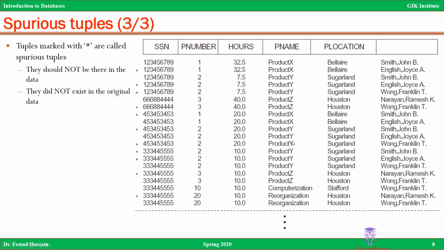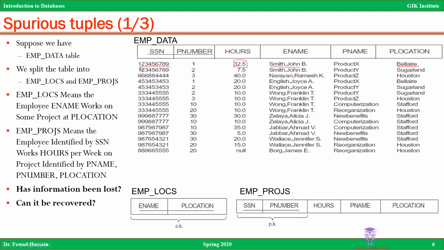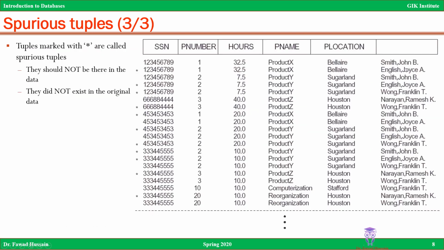And if you remember, I asked you to remember this. I said 1, 2, 3, 4, 5, 6, 7, 8, 9, working 32.5 hours on project X, and the name of that person is John Smith, and he's working in Bel Air. Now if we join it again, because of the way this is being done, we are going to end up with some problems.